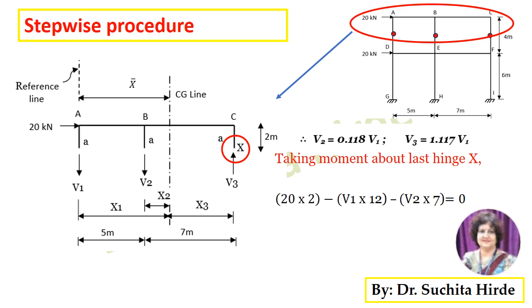Moment means force into perpendicular distance. So the perpendicular distance of 20 kilonewton from the hinge is vertical 2 meter. So 20 into 2 minus V1 into 12 minus V2 into 7. And the moment of the last force, that is V3, is 0 because it is passing through that point.